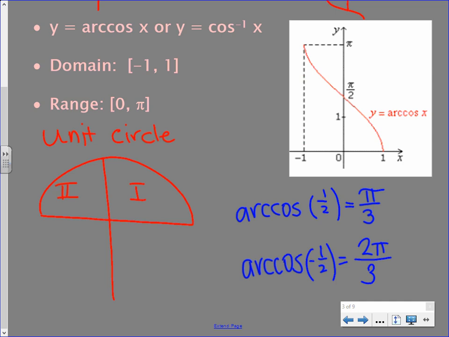For arc cosine, we rotate positively to quadrant 1 and quadrant 2. Because the range of arc cosine is 0 to pi. So those are the values our outputs have to be between 0 and pi.